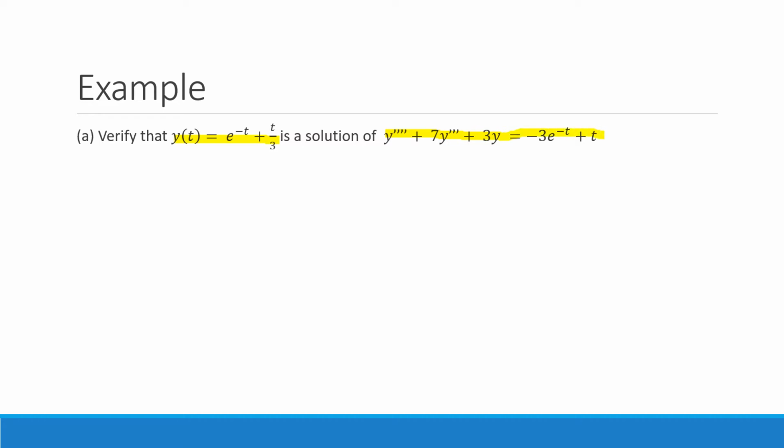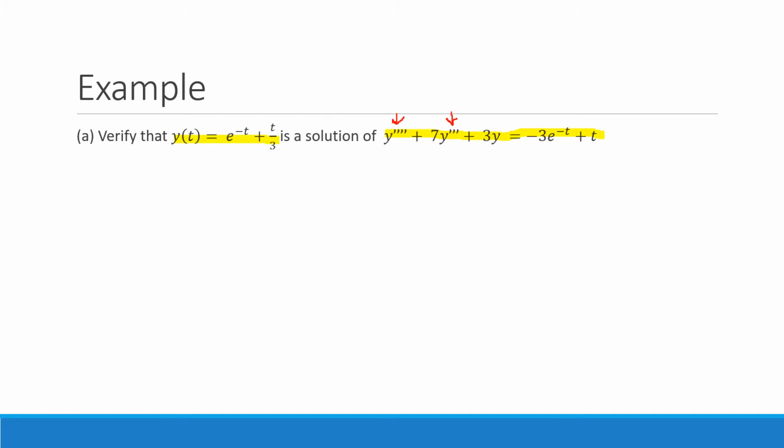So another way of thinking about this question is, if we choose y of t equals e to negative t plus t over 3, and we take the fourth derivative, the third derivative, and then we keep plain old y, will we get negative 3 e to negative t plus t in this equation? So that's what we're trying to verify here.